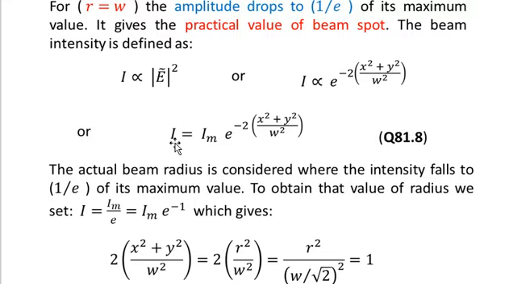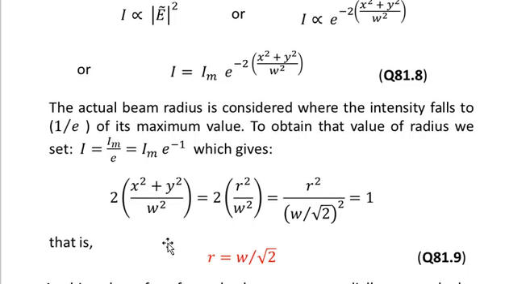So if you set the value of I on the left hand side equal to Im times e to the power minus 1 and solve the rest of the equation, you will get 2 times (x square plus y square) over w square equal to 2 times r square over w square, which is equal to r square over the square of w over square root of 2, and that is equal to 1.